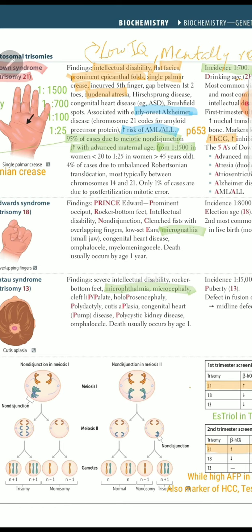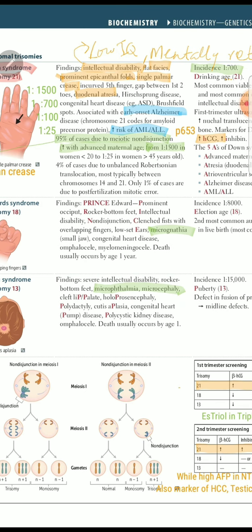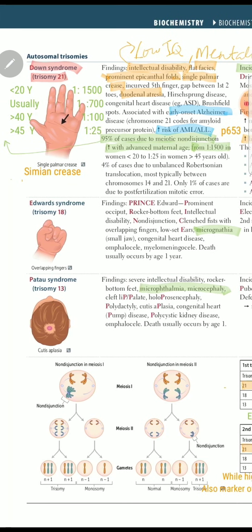And 4% are due to unbalanced Robertsonian translocation. Mostly it involves chromosomes 14 and 21. And about Robertsonian translocation, it is important that in 15% of the cases it will be transmitted to the next generation if present in one generation.